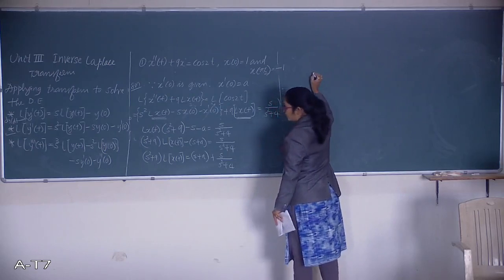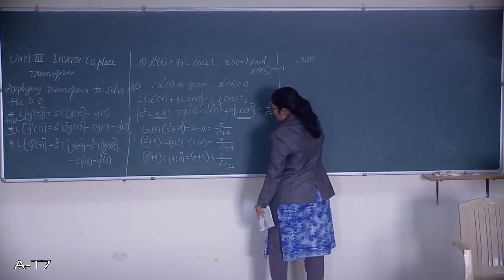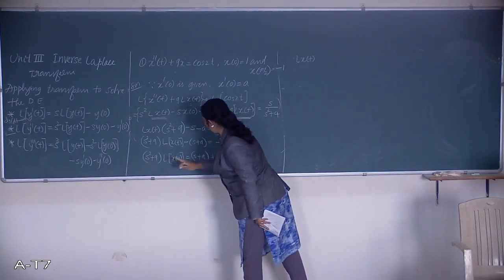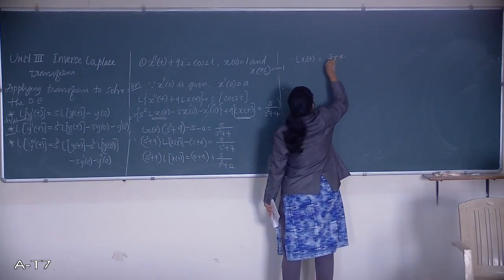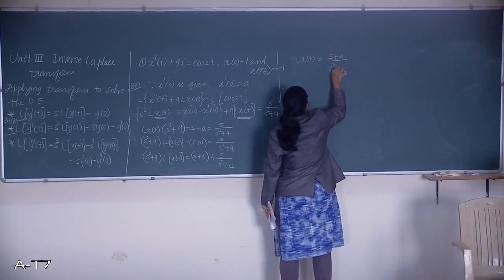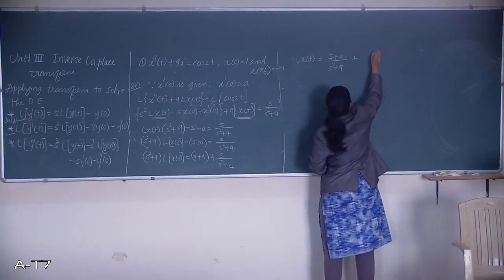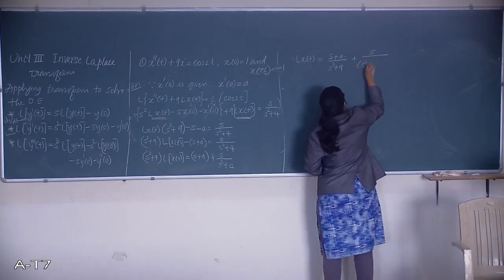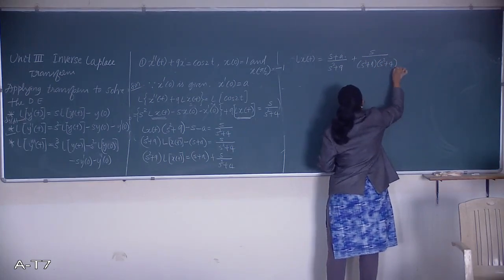Now LHS should be only L of x of t, rest all the terms, means this s square plus 9 I am going to shift to RHS, so that this is a plus s, or s plus a, divided by s square plus 9, and the second is s upon s square plus 9 and s square plus 4.